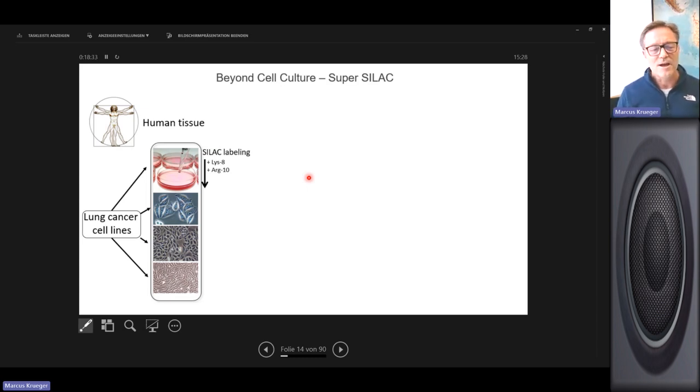So what one can do is use different kinds of lung cancer cells, whatever that is, so 3 different cell culture lines, or even 4 or 5, and label them all with lysine 8 and arginine 10, so make them heavy. And then in the next step, you mix them all together to get a kind of super SILAC mix.